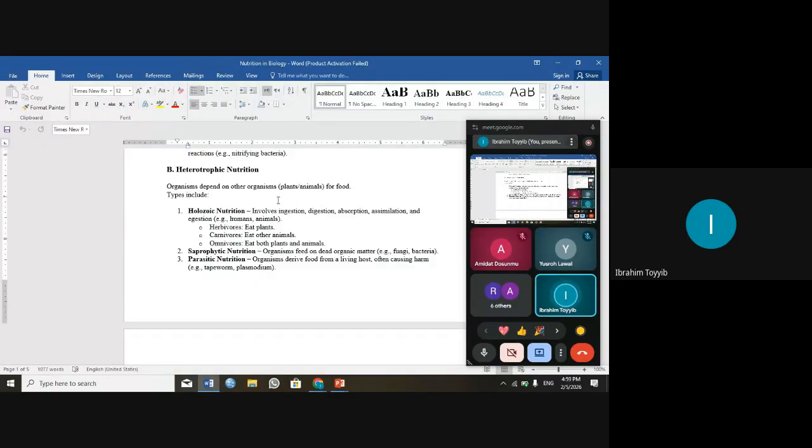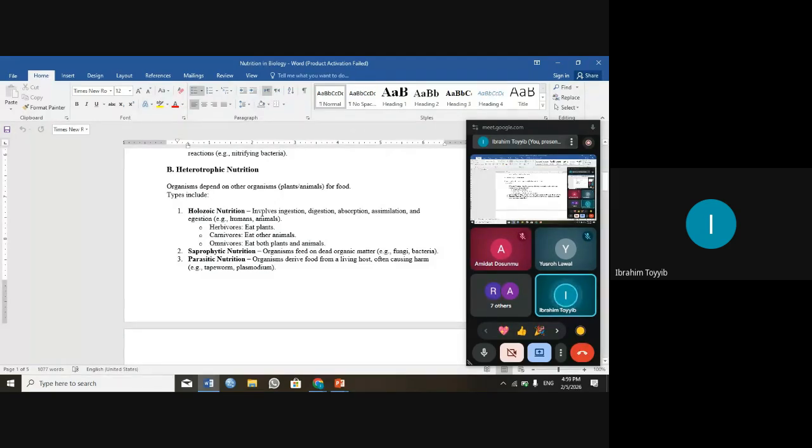Like a lion will kill other organisms as prey, like a rat or a deer. So lions are carnivores, they feed on other animals. Like human beings, we are omnivores. We can feed on both plants and animals. You can eat vegetables and you can also take in meat. So we depend on other organisms for what? For food. We cannot manufacture it ourselves.